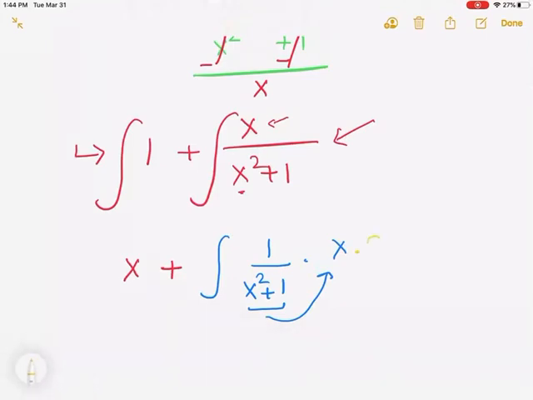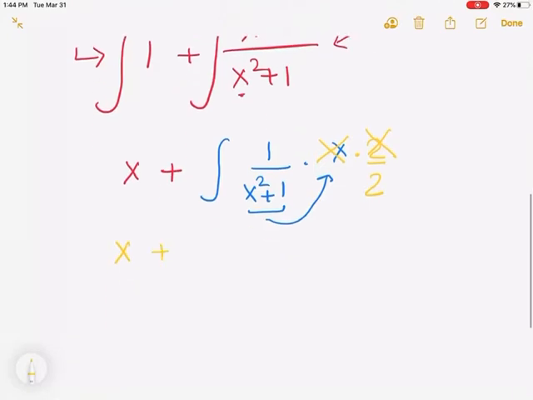This is where I need to bring in the number. So this 2 and this x would complete the pattern. I already have this x outside, so I would factor out 1/2. And the integral of this whole piece would be ln of x squared plus 1, and I would add c at the end.